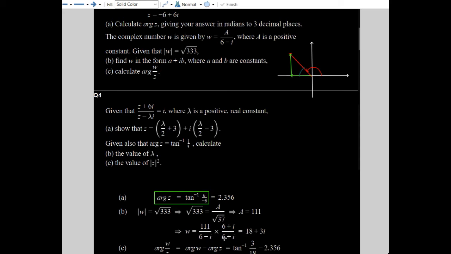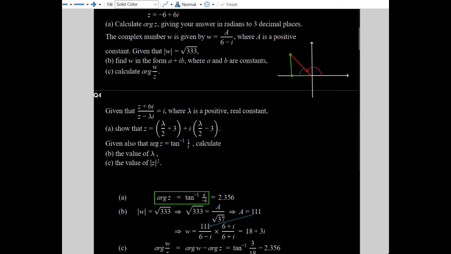As a result, given that we know a is 111, as calculated earlier, with a bit of multiplication, 6 times 6, 6 times i, plus minus 6 times i, plus minus i times i, where i times i is minus 1. So you multiply the minus sign again, and it produces 1. A little bit of maneuvering around, and you end up with 18 plus 3i.